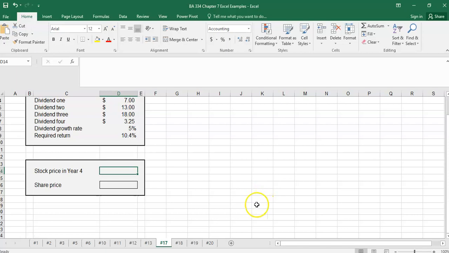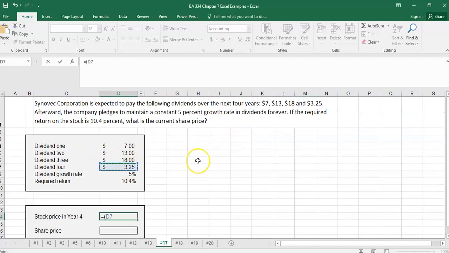So with the non-constant dividends, first we're going to do the stock price in year 4 using the dividend growth model. So that is the dividend in year 4 times 1 plus the growth rate. Remember, then it's that amount divided by the required return minus the growth rate.